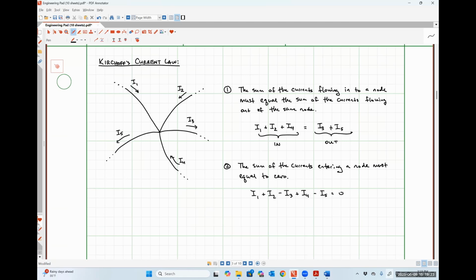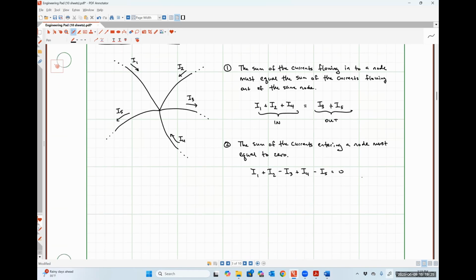Our last formulation for KCL is just the opposite, okay? So it will say the sum of the currents exiting a node or leaving a node must equal 0.